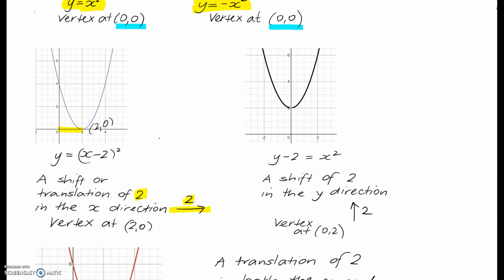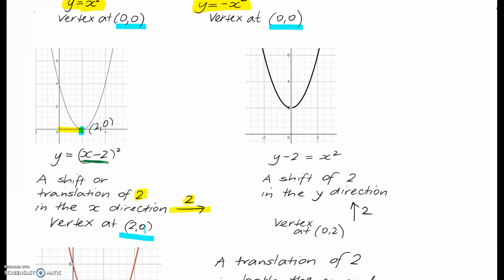So that's right. So that's why it's not y equals x squared anymore, it's y equals x minus 2 squared. So that's showing the shift on the x. See, there's a shift of 2 on the x. And the vertex is now at 2, 0. So there's your vertex. It's now at 2, 0.